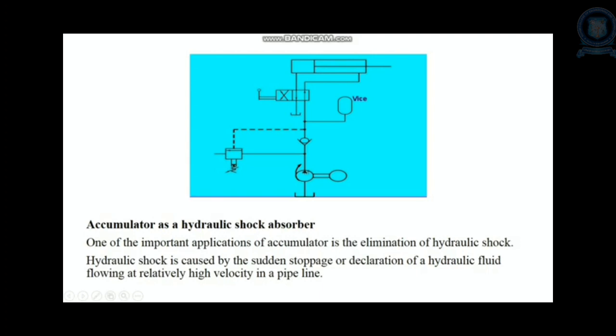That shock will be absorbed by the accumulator. And it is also used as a leakage compensator. When a leakage occurs inside the hydraulic system, the accumulator supplies enough fluid to compensate the leakage. These are the uses of accumulator.